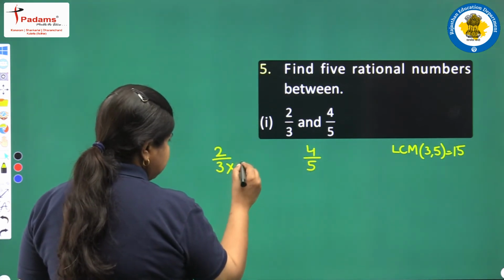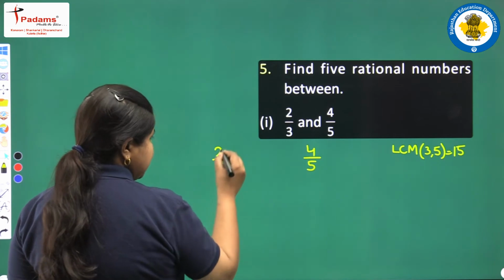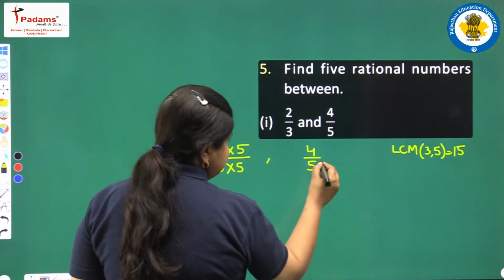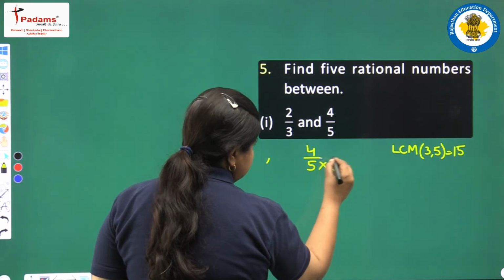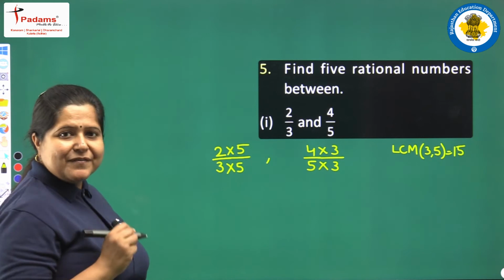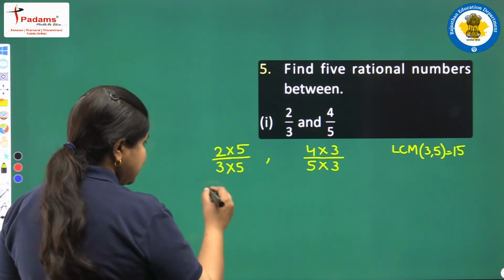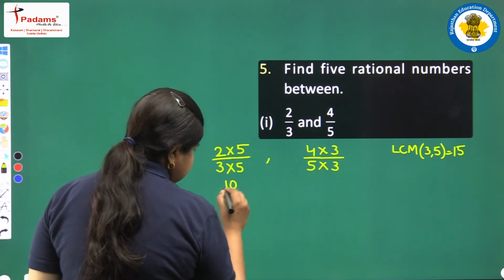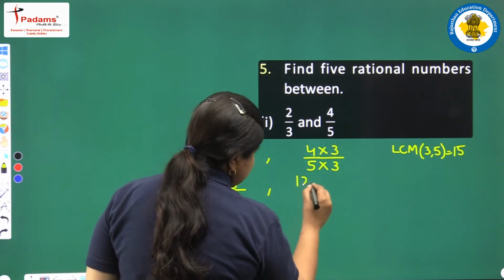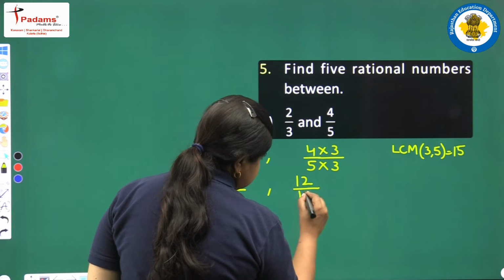We will multiply it by 5 to get 15 in the denominator, then in numerator also, and here we will multiply by 3 both in numerator and denominator to get 15 in the denominator. This gives us 10 upon 15 and here 12 upon 15.